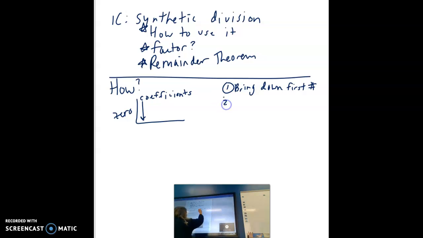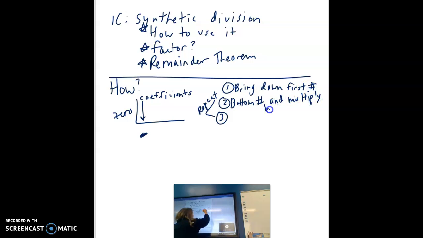Then what you're going to do is basically take steps 2 and 3 and repeat them. So you're going to take this bottom number and multiply by the 0.